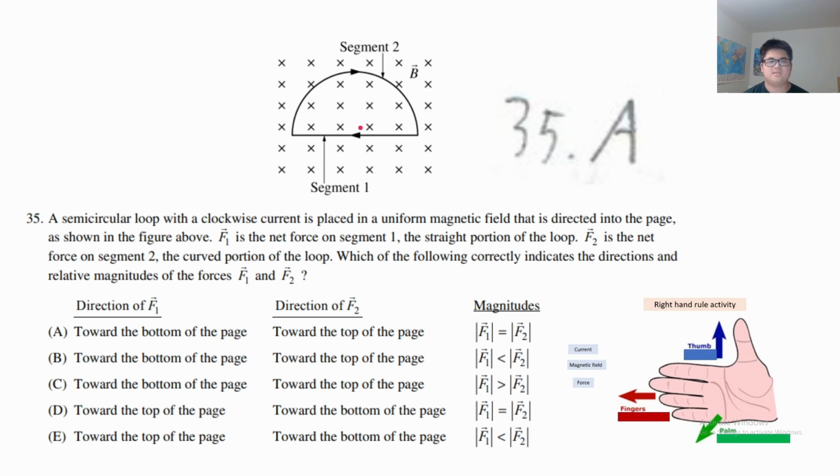I understand that at this point in segment 2 the magnetic force points towards the left, and at this point the magnetic force points towards the right, but the forces pointing right and left cancel out to only give you magnetic force pointing upwards towards the top of the page. So the answer to question 35 is A.